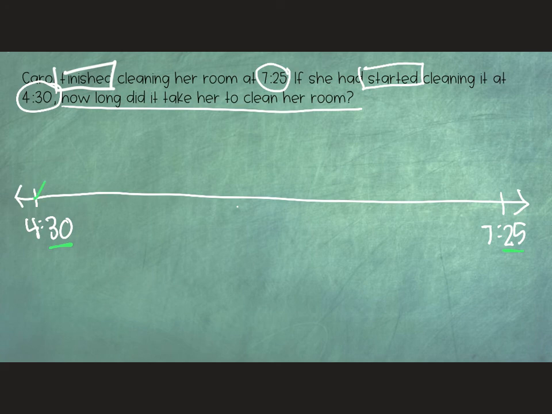So I jump 1 hour, 4:30 to 5:30, and then I can jump 5:30 to 6:30, and then I have to stop because if I jump another hour, that'd be 7:30, which is bigger than what we have of 7:25. So now I'm trying to jump from 6:30 to 7 o'clock, right, the next full hour.